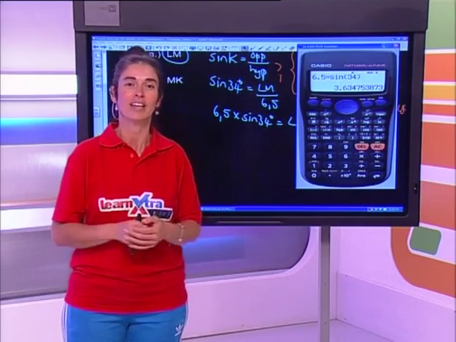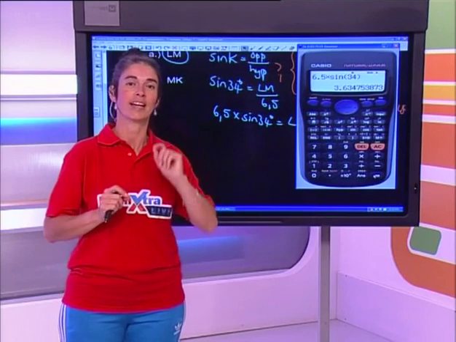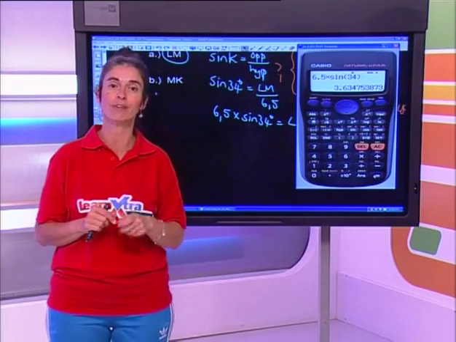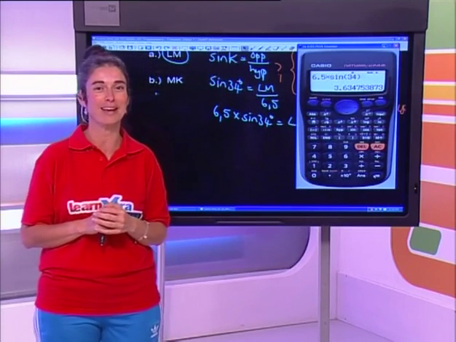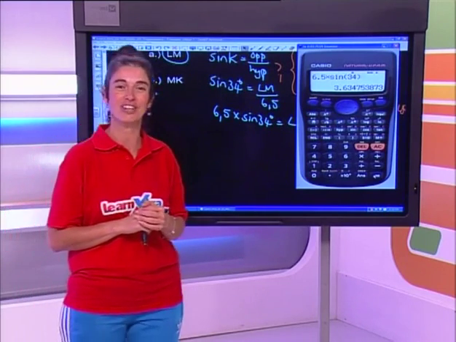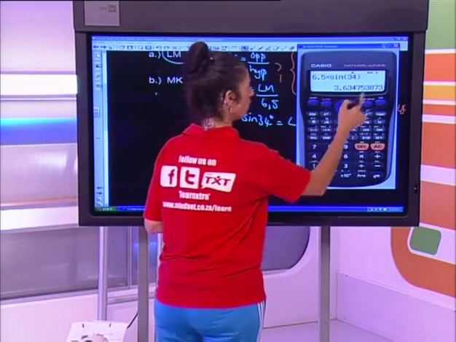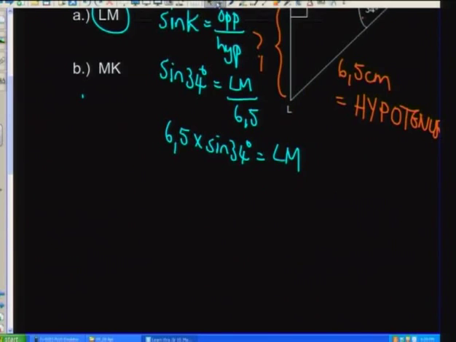But finally, if you are writing that exam and it's for assessment purposes, you will need to look at the instruction very carefully and adhere to that. Otherwise, you get penalized for not having used what the instruction suggested. Right, so that is 3.63, and we are here. So LM is 3.63 centimeters.